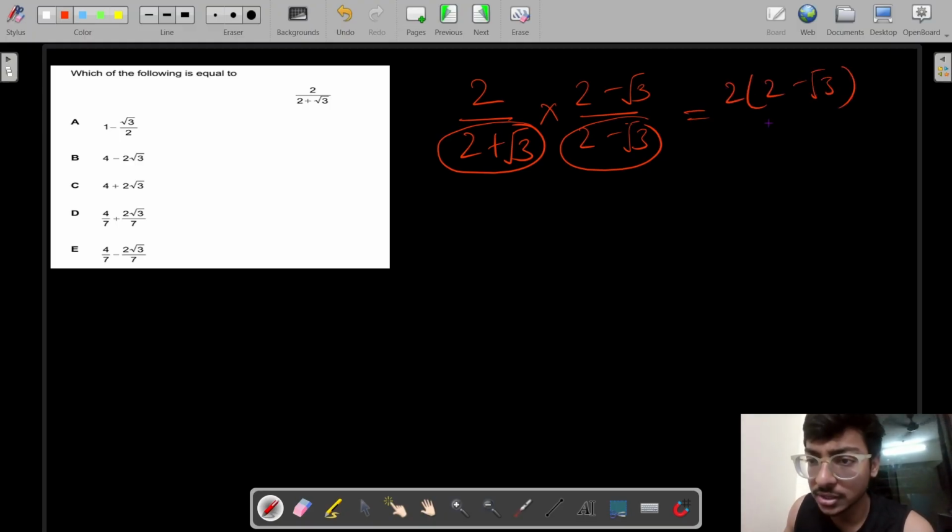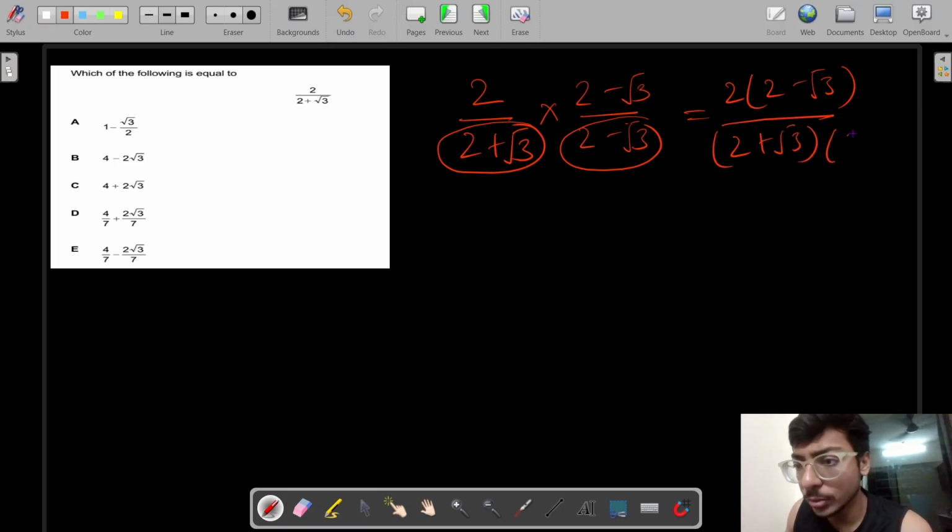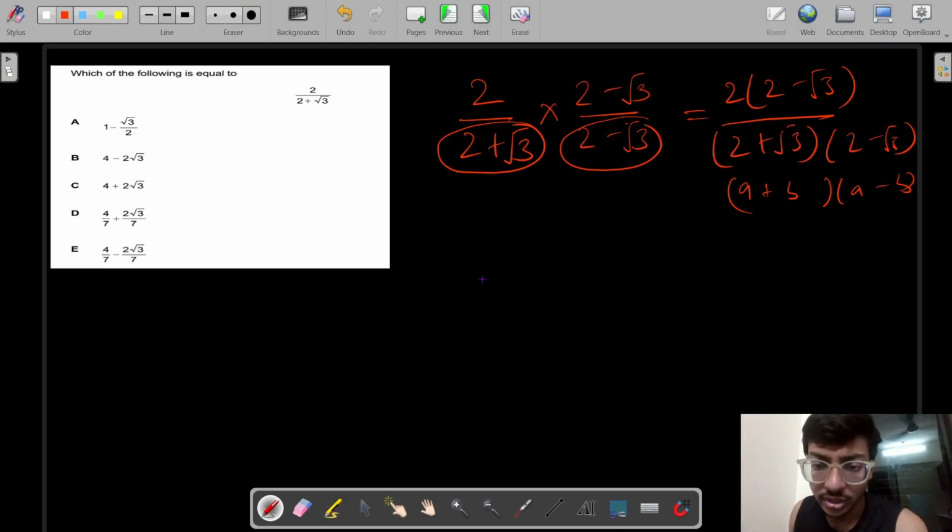So if you check this particular part, the denominator is 2 plus root 3 into 2 minus root 3. This is nothing but a plus b and a minus b, right? Because the numbers are the same, but the sign is different. There is an identity which says that a plus b into a minus b is equal to a squared minus b squared.